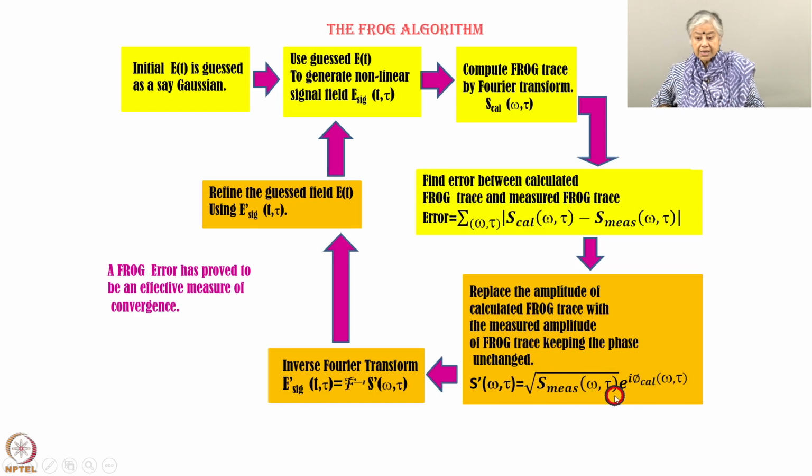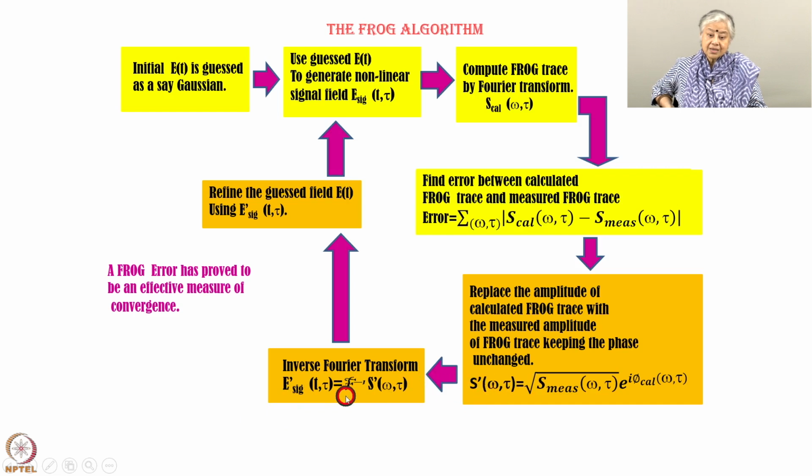So, S_measured, whose root I take, is known, and I have a calculated phi. I have a calculated phi because I have taken a guess of what kind of pulse it is, and once I have taken a guess of the pulse, I have made a guess in the phase factor also. So, I do nothing to the calculated part, but I have multiplied it with the amplitude of the measured part. And then I take the inverse Fourier transform of this.